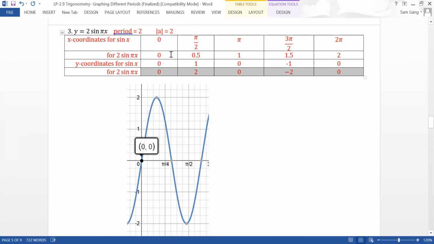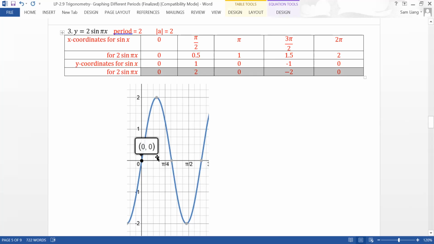They could even be 0, 0.5, 1, 1.5, 2. That's fine. But note that here is like pi over 4, so that's literally like 3.14 divided by 4. But 1 will be right there, right? 1, 0. And then we have 1.5, -2, which is here. And then we have 2, 0, which is here.